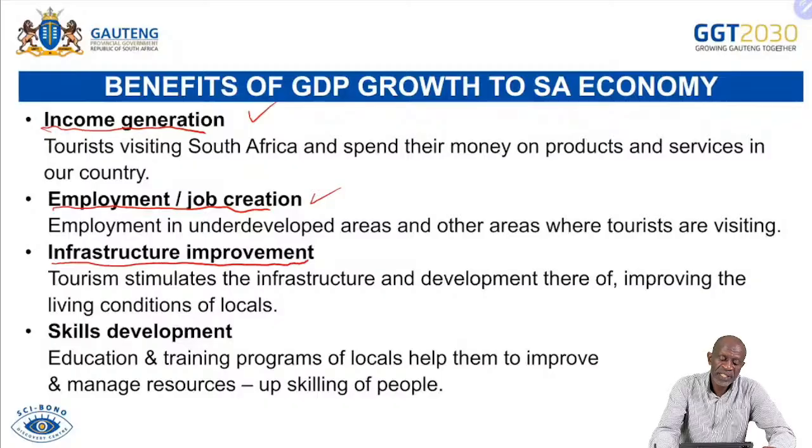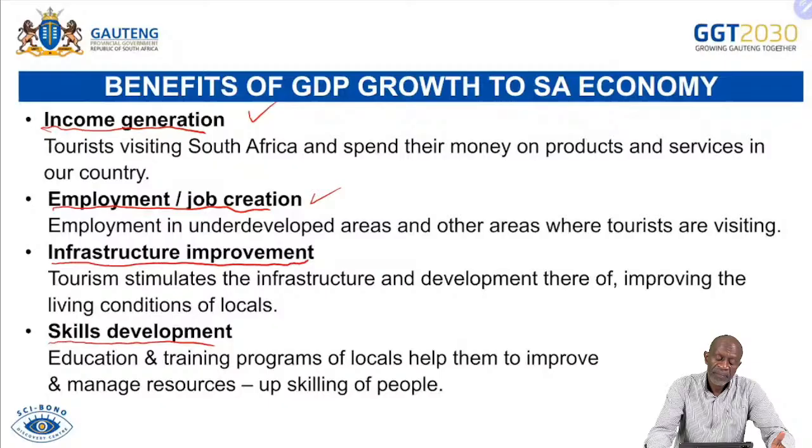It also leads to skill development. Local people or these workers will receive training as chefs, as cooks. They will be trained in entrepreneurial skills. So having those tourists will help us train our people or skill our people in certain areas of life.